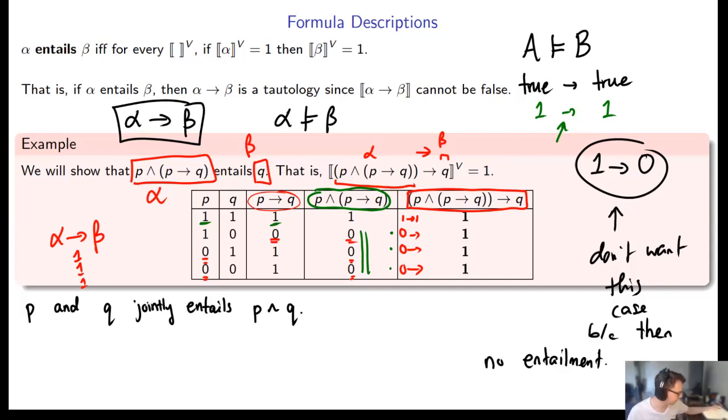This is just a paraphrase that alpha arrow beta is a tautology. So there's like 2 ways you can check that. You can just check only the cases where this is true, but in a truth table, naturally the rest of those will just come out if you have 0 arrow whatever.